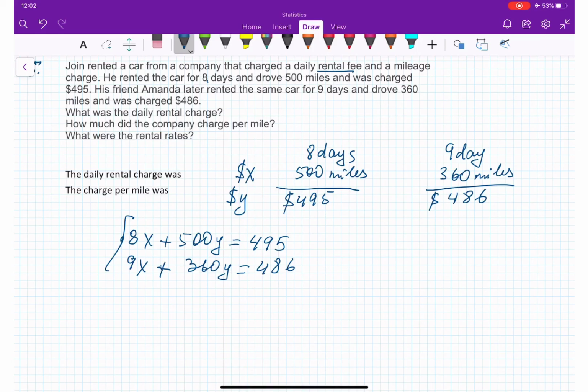Let's see how we are going to solve this problem. We can solve a system of equations either with the method of substitution, or with the method of addition or elimination. So how are we going to solve it? I like to do the method of elimination, or addition.